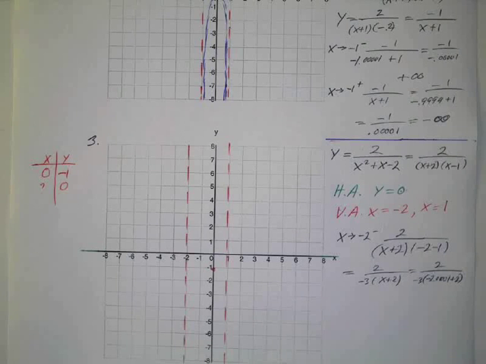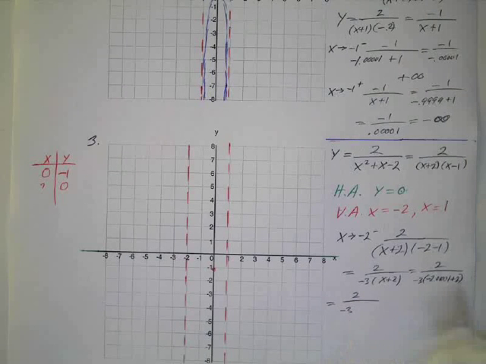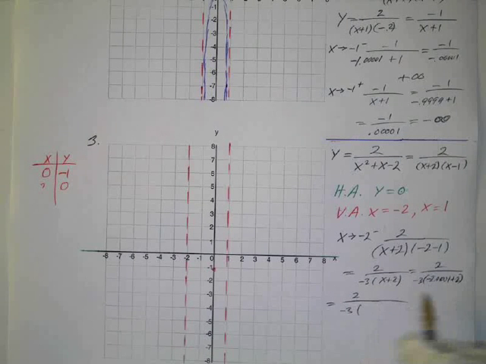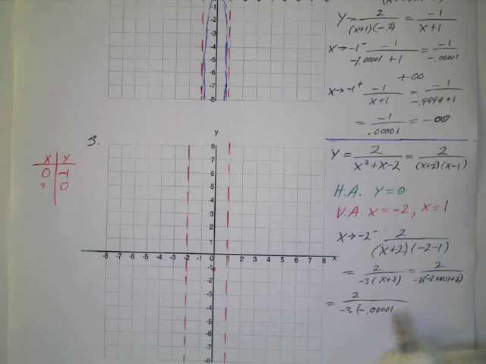We can see that. And this is going to be 2 over negative 3, and this is going to be 2 minus 2.00001, so that's going to be negative 0.00001, because the negative number is bigger than the positive in absolute value.